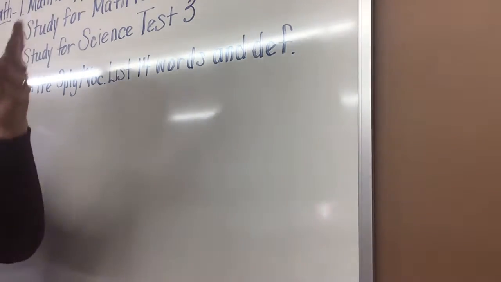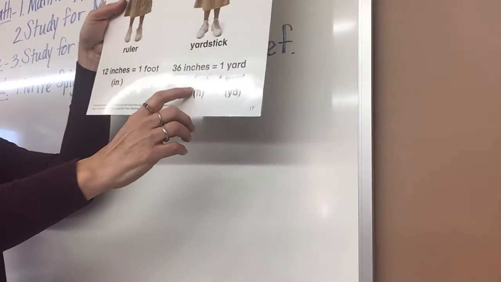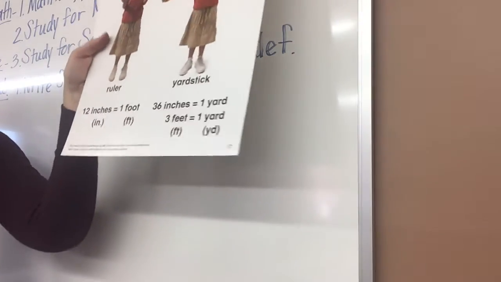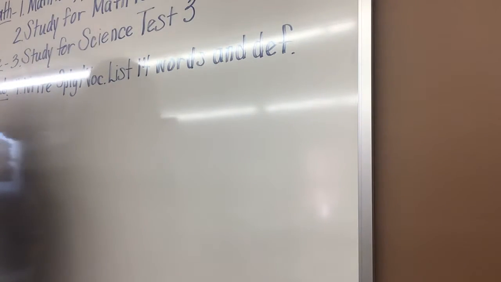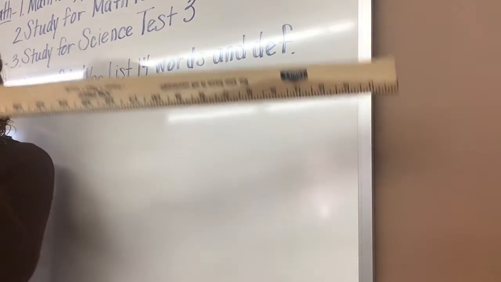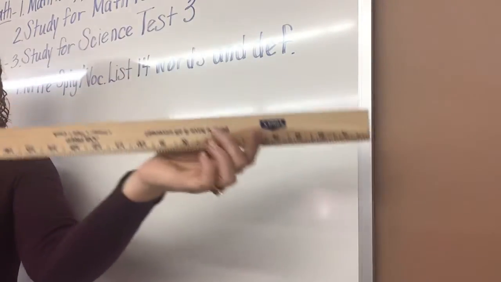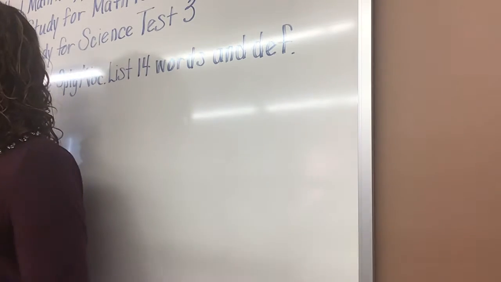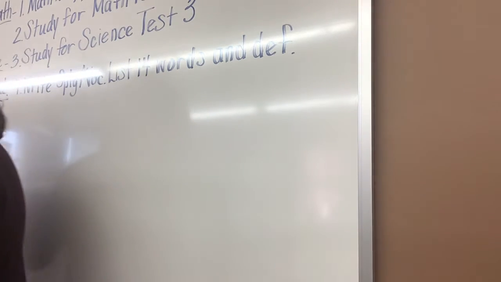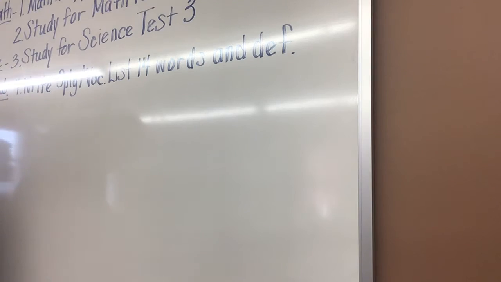Because the last thing we're going to see is there are 3 feet in a yard. So that means I could take 3 of your rulers and put them on my yardstick, and they would fit perfectly because 3 of your foot rulers would fit on my yardstick because there's 3 feet in a yard, and we will be doing that in a little while when I let you take your rulers out.